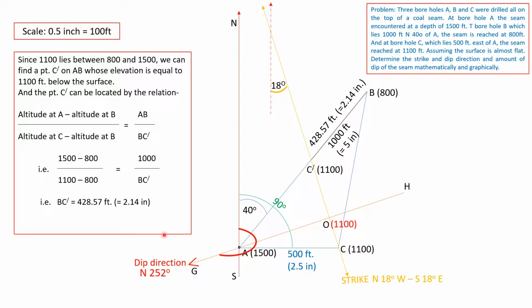To find the amount of dip, project B at B dash on strike CC dash, lay off B dash D along the strike such that B dash D is equal to the elevation difference between C and B. That is, elevation at C minus elevation at B equals B dash D. This implies B dash D equals 1100 minus 800, equals 300 feet.